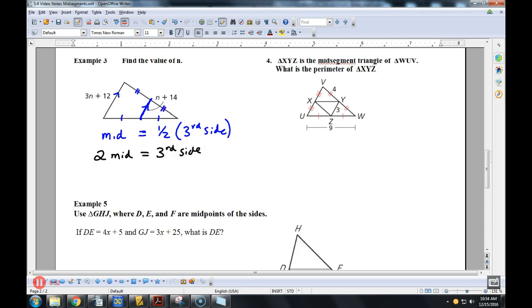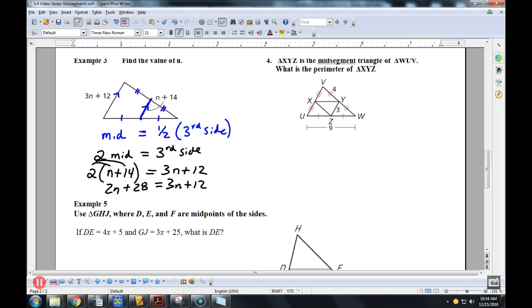Two midsegments equal the third side. So the midsegment was m plus 14, so I'm going to do 2 times m plus 14. If I double m plus 14, that should tell me what 3m plus 12 is, because 2 times the midsegment should be the third side. So now we do a little bit of algebra here. 2m plus 28 when I distribute.